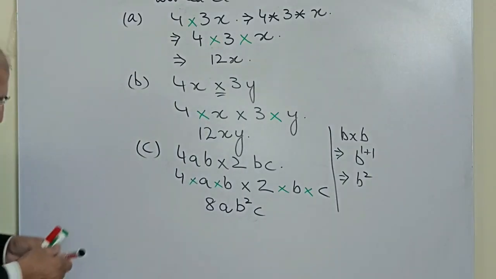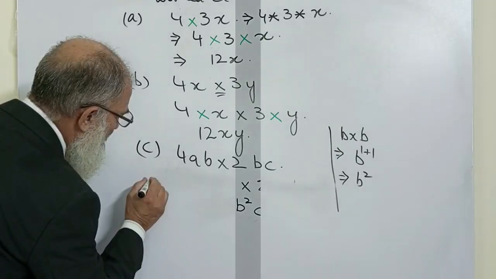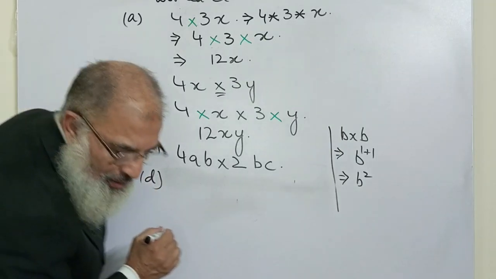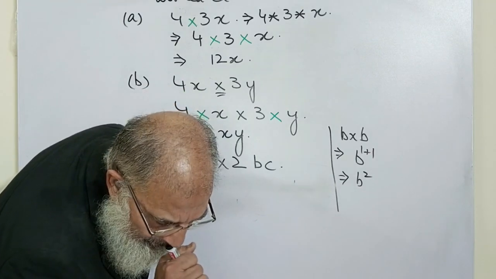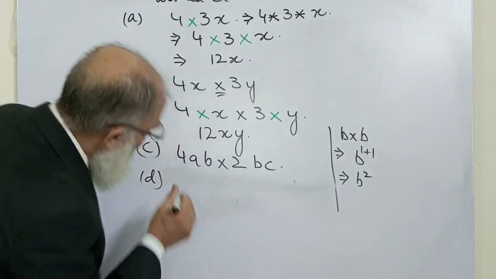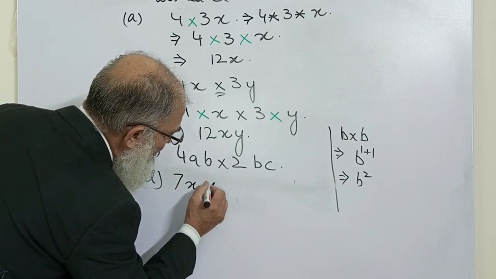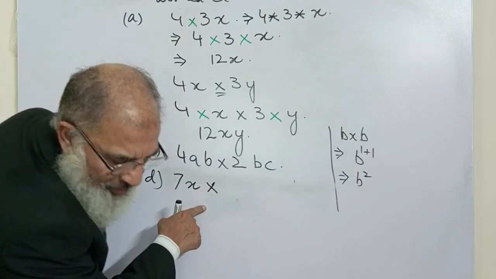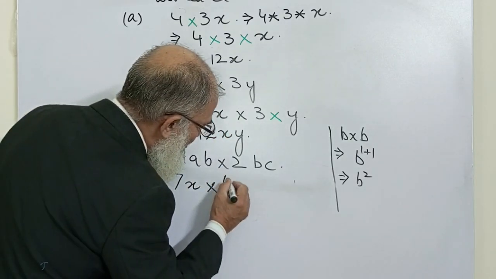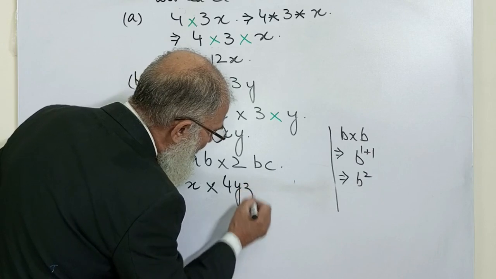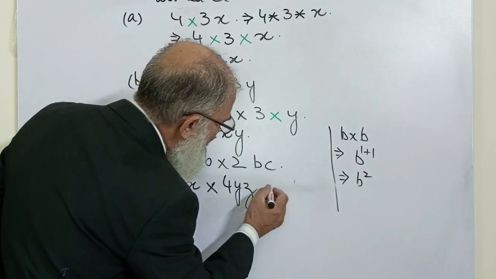There is the last example of multiplication, D. D is 7x multiplied by 4 by z, multiplied by 3.